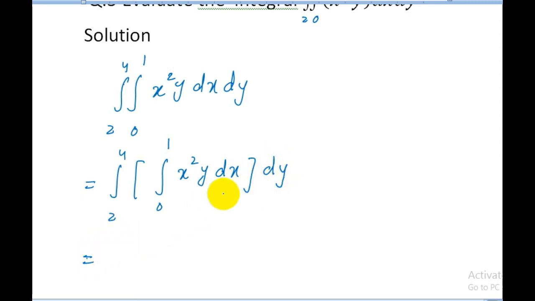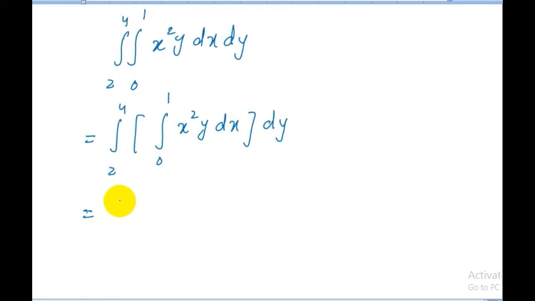Now first we partially integrate this function with respect to x. It can be written as integration 2 to 4. When we partially integrate with respect to x, y is considered as constant. It becomes integration 0 to 1 x square dx dy.